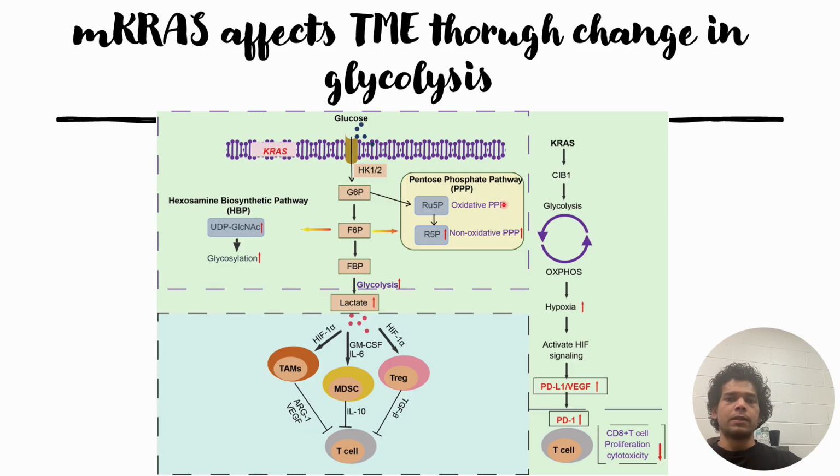Now, how do these KRAS mutations inhibit the T cells? One of the ways is shown on the right hand side, where KRAS will cause enhanced glycolysis, and that will lead to hypoxia conditions, and this hypoxia condition will activate the HIF signaling pathway, and this will lead to enhanced expression of PD-L1 and the release of the cytokine VEGF. This enhanced PD-L1 can interact with PD-1 on the T cells.